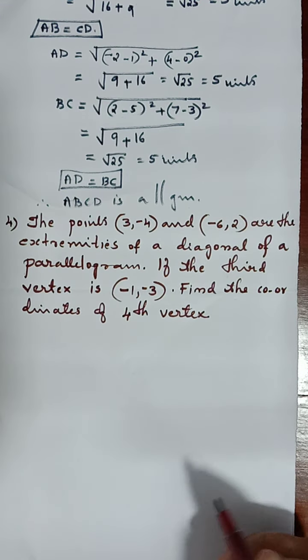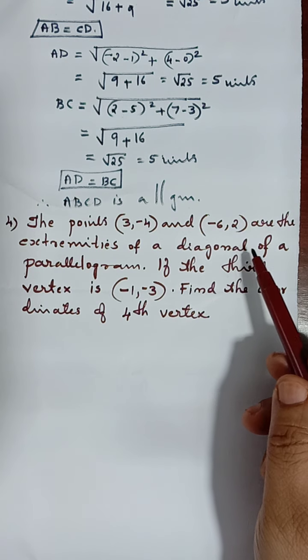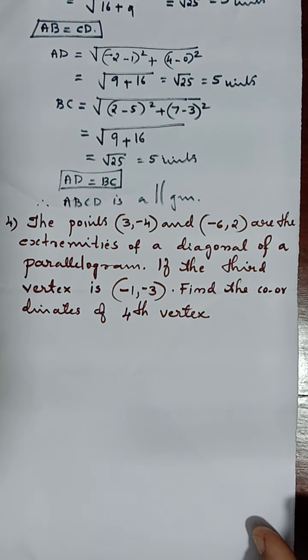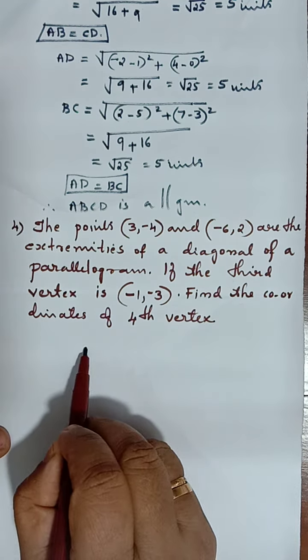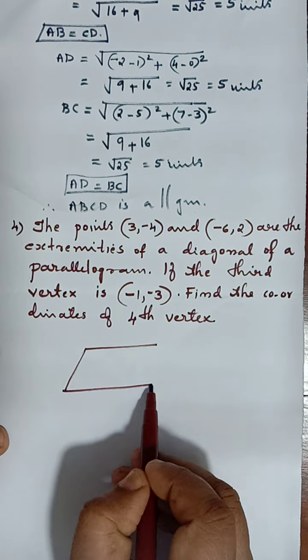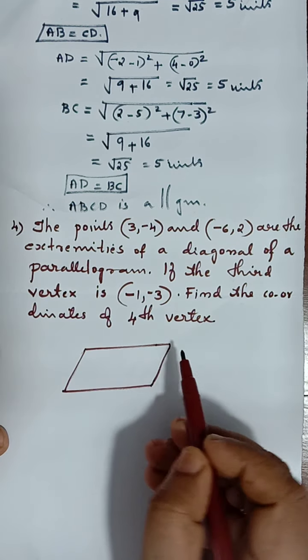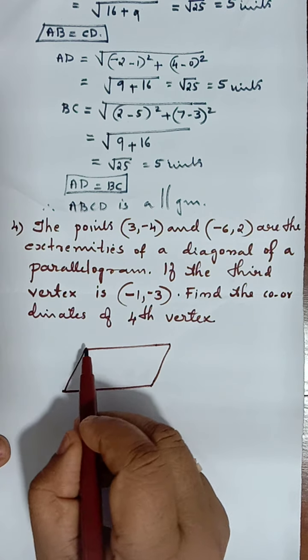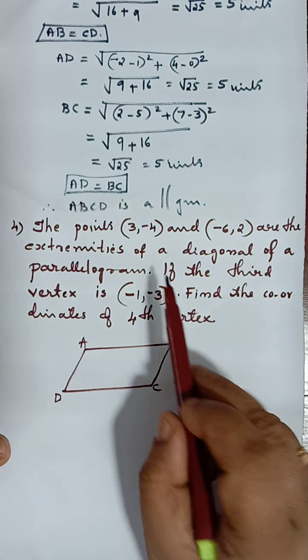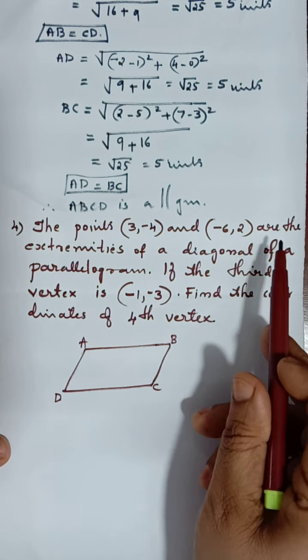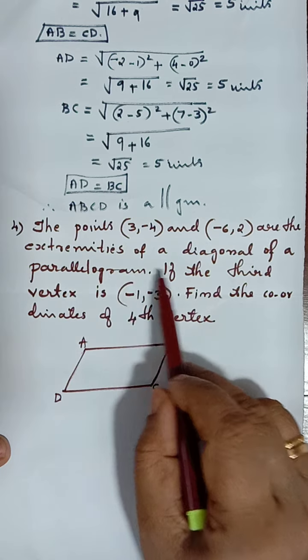Fourth question: the points 3, -4 and -6, 2 are the extremities of a diagonal of a parallelogram. If the third vertex is -1, -3, find the coordinates of the fourth vertex. Here let us draw a parallelogram. We'll mark ABCD. Points 3, -4 and -6, 2 are the extremities of a diagonal.